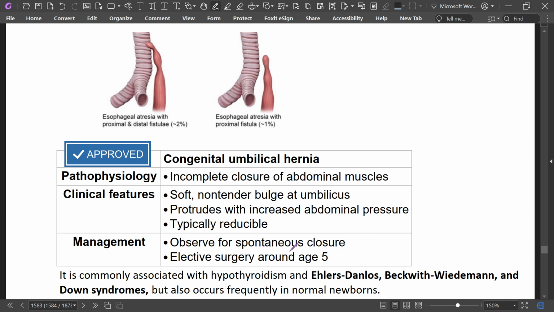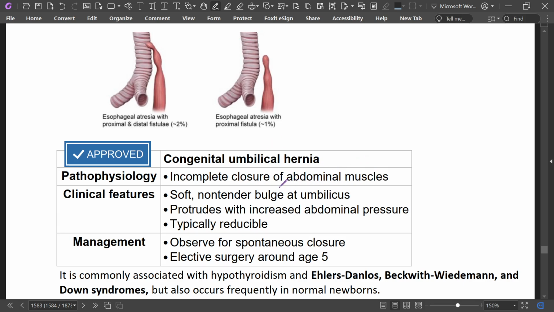Now congenital umbilical hernia, very common. There is incomplete closure of the abdominal muscle.